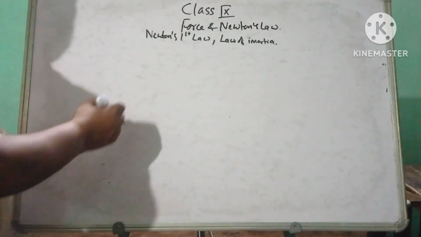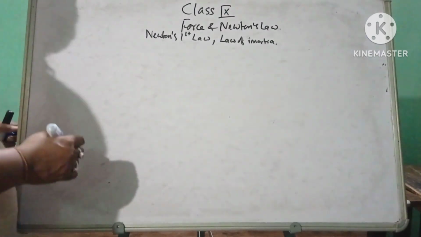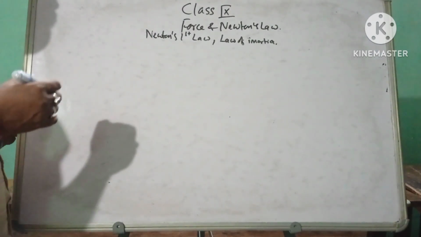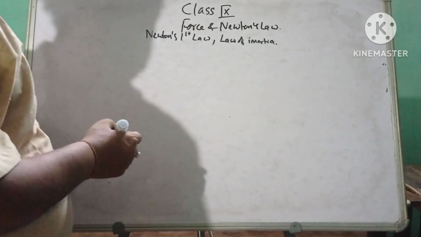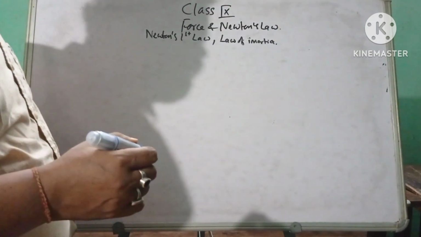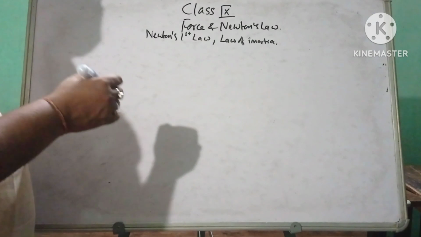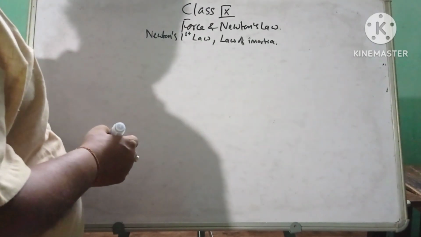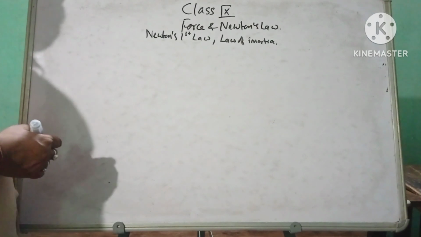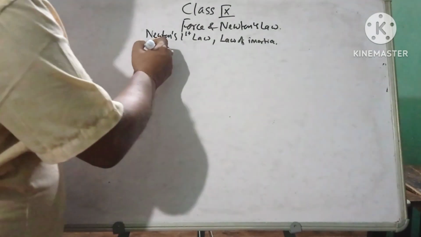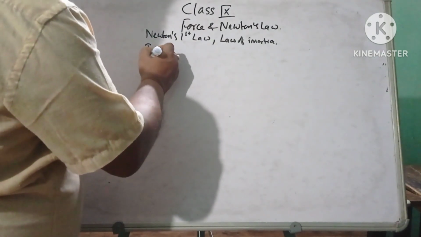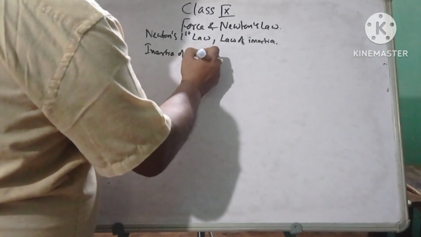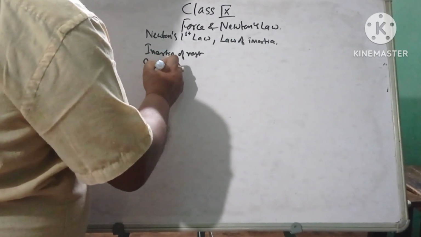That means if a body is at rest, it will always remain at rest unless and until an external force is applied on it. Similarly, if a body is in motion, it will remain in motion until and unless an external force acts on it. So there are two kinds: the inertia of rest and the inertia of motion.